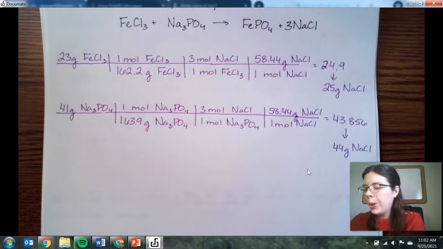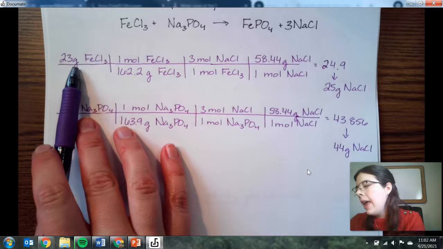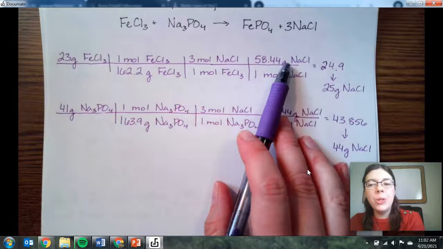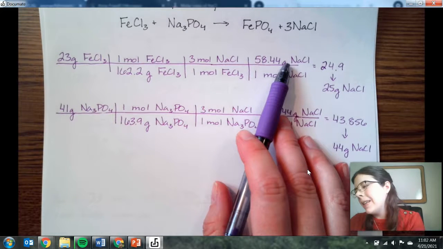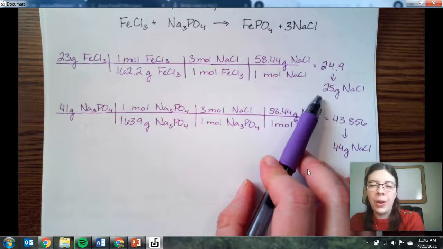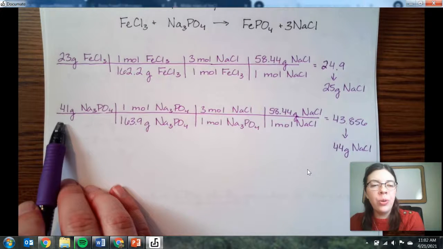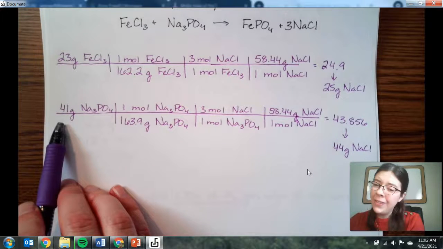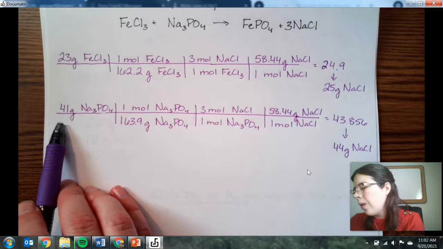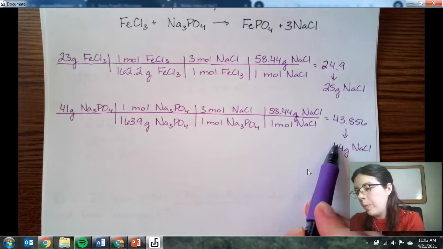Okay, so as we work through this problem, we start with 23 grams of iron chloride, and we want to get to grams of sodium chloride. So we can go through that process. We get 24.9, or round for sig figs, 25 grams of sodium chloride. When we go ahead and calculate 41 grams of sodium phosphate to grams of sodium chloride, we end up with a value of 44 grams of sodium chloride.